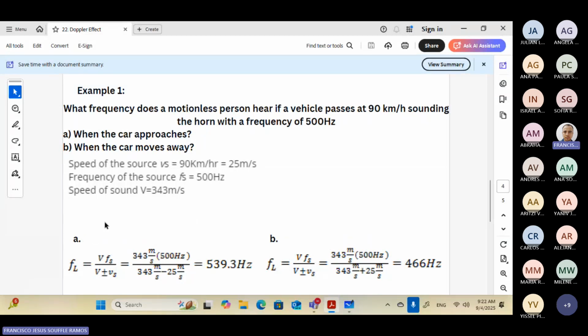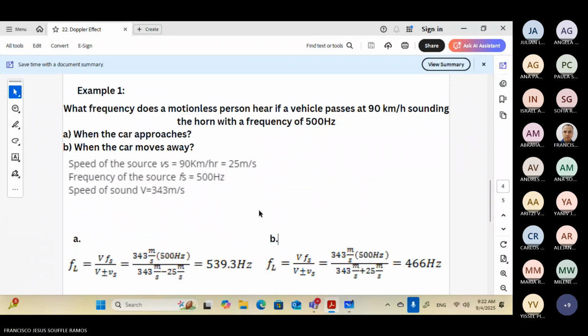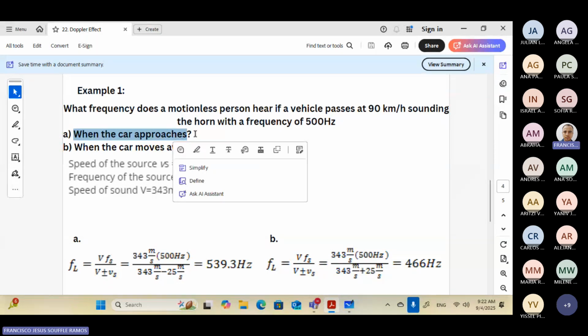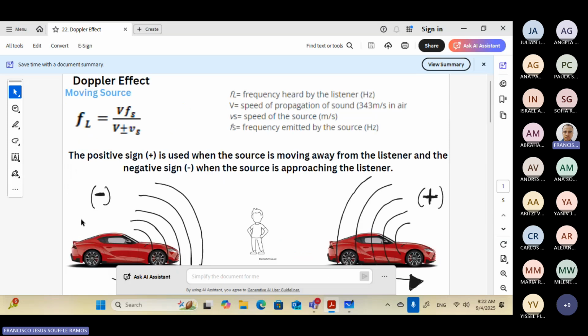But you can see down here, I have two situations. I have this formula right here with a negative sign, and then I have this with a positive sign. What happened right there? Right here, they are asking what's the frequency when the car approaches. So it's the same formula, but the car is approaching you. So if we go back to the picture, the car is approaching you, it will be this situation.